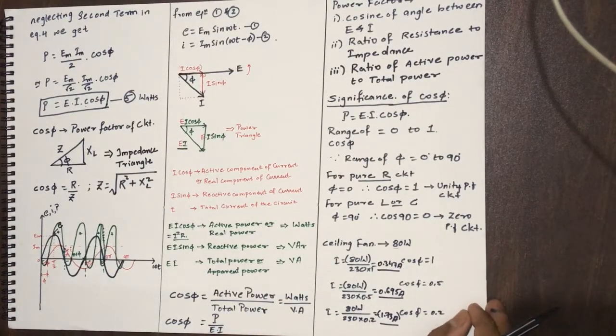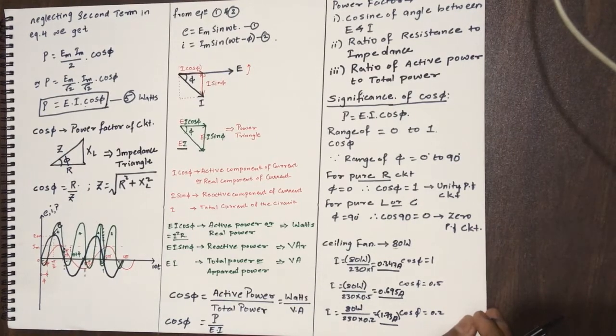Hope this lecture video is useful for you. It has helped you in understanding the nature of an AC circuit with an RL component connected to the sinusoidal alternating source. So we will end this lecture at this point.